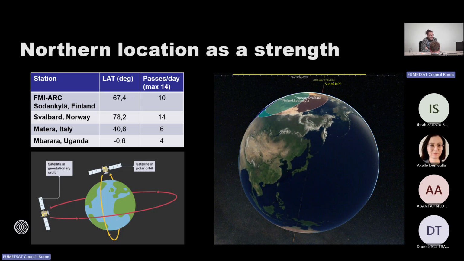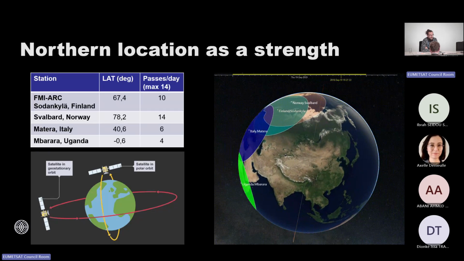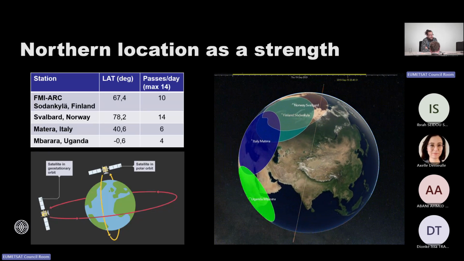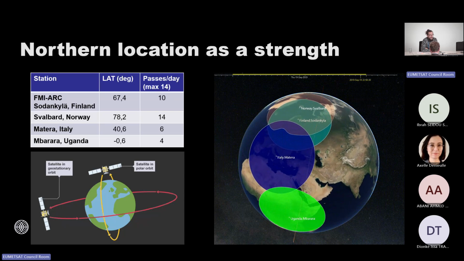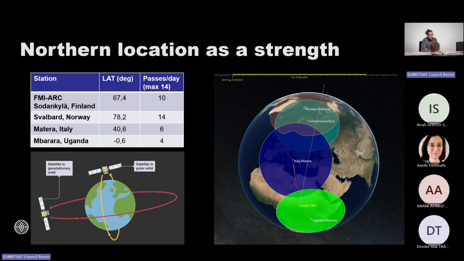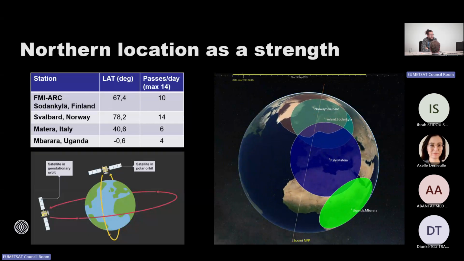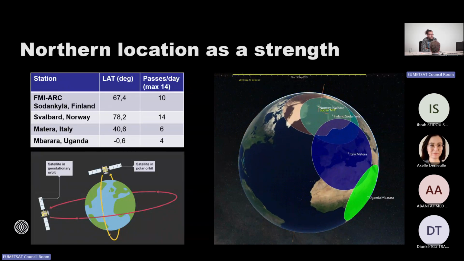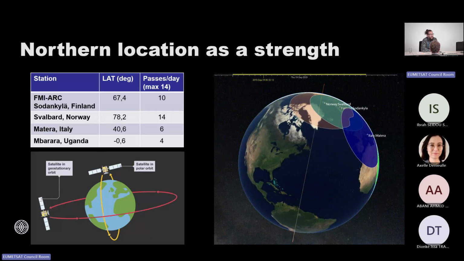I have a few other stations as an example, one in Italy and one close to the equator, and the numbers of how many passes they can receive per day. Even Finland is actually a pretty long country, over 1,000 kilometers, so that's why it's good to be up in Sodankylä, not in our capital Helsinki, where we usually try to concentrate all our activities.